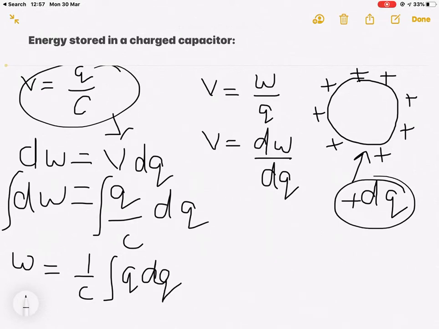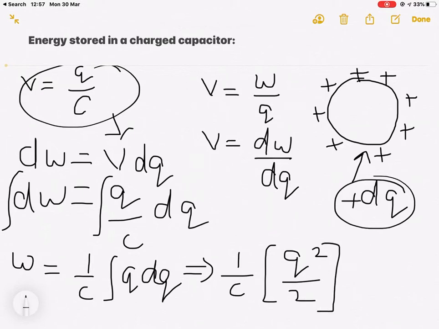So integration of Q dQ is equal to Q squared by 2. We can also substitute the limits to this integration. Suppose in the starting the charge on this sphere was 0, and finally the charge on this sphere is Q naught. So we can substitute the limits.